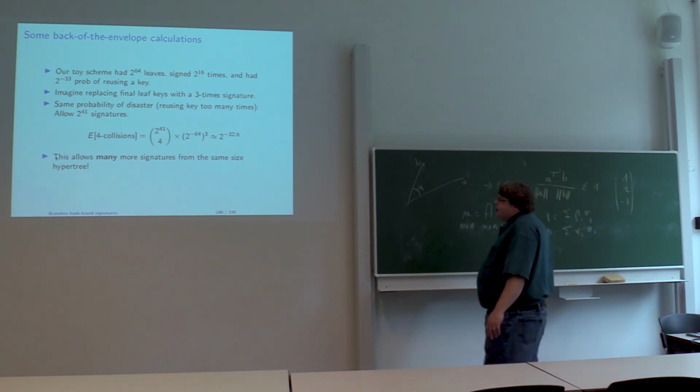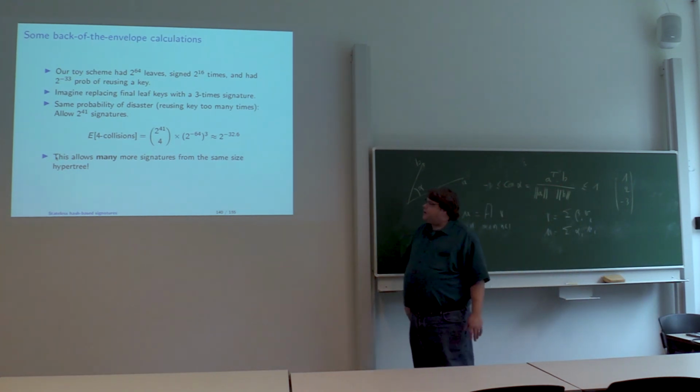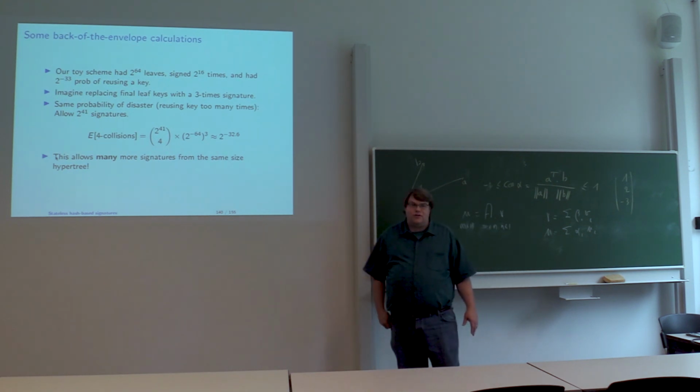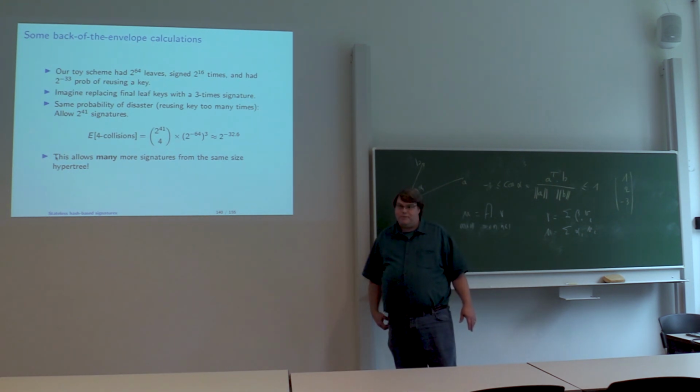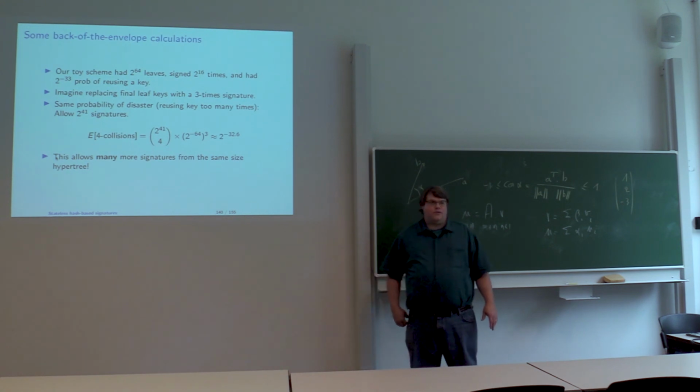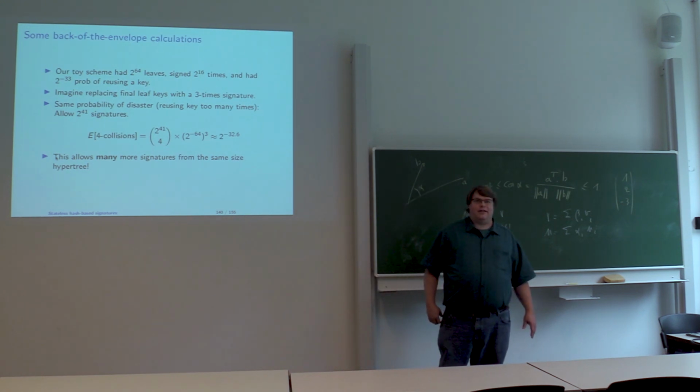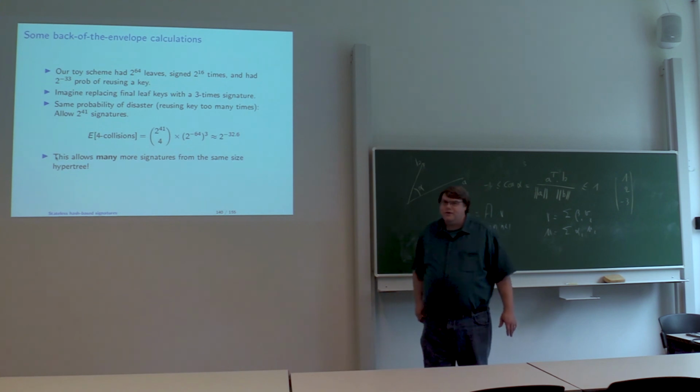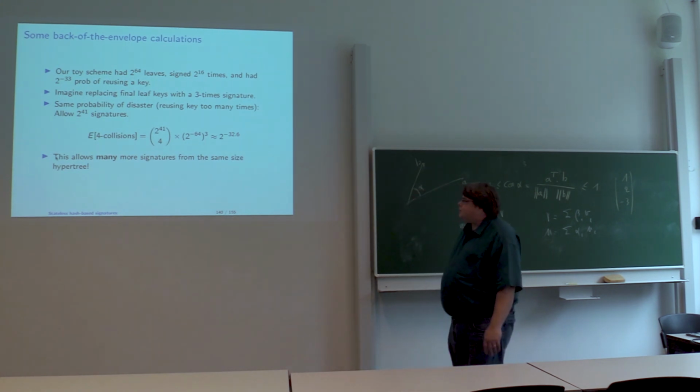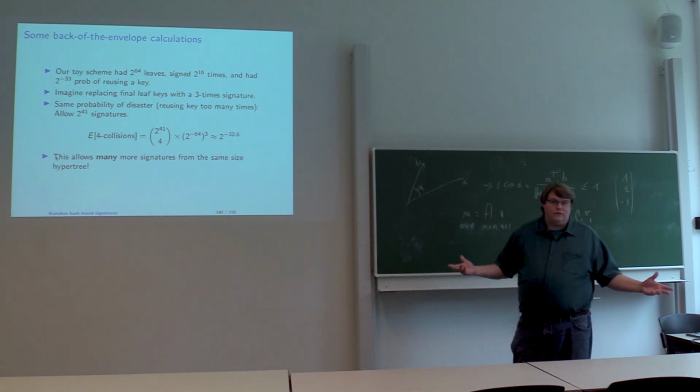In that case, for roughly the same probability of disaster, instead of allowing 2 to the 16 signatures, you could allow 2 to the 41. Now, this assumes I did this calculation right, which I did like 2 hours ago, but I'm pretty sure this is right. So this is just computing the expected number of K collisions.